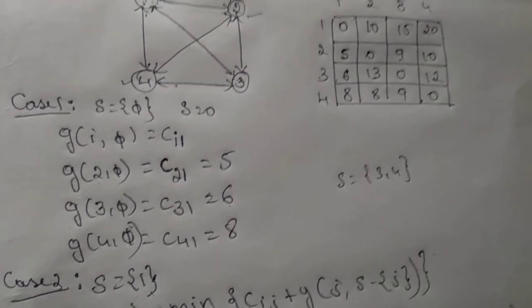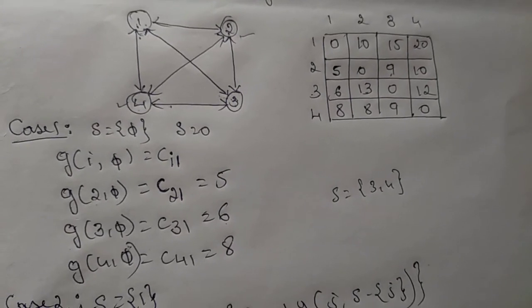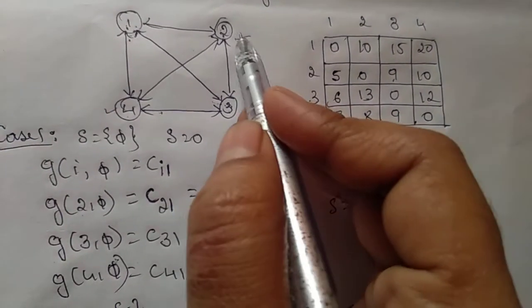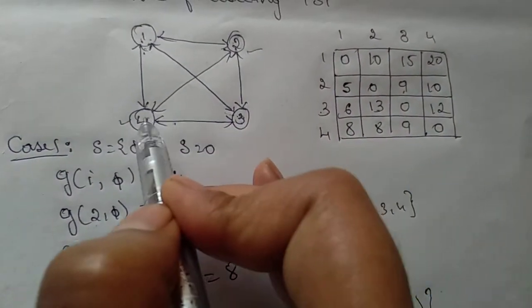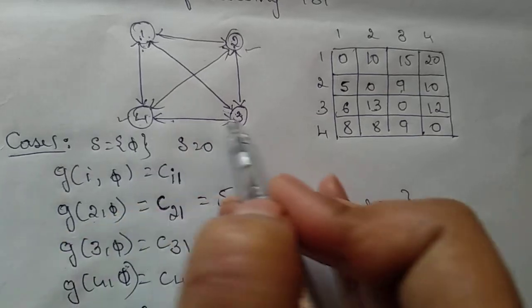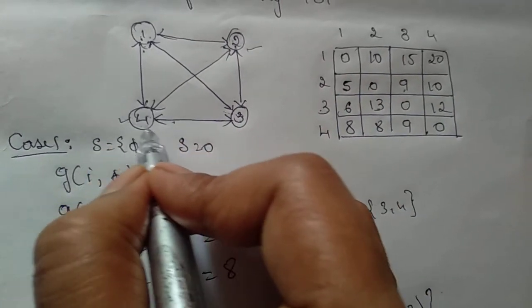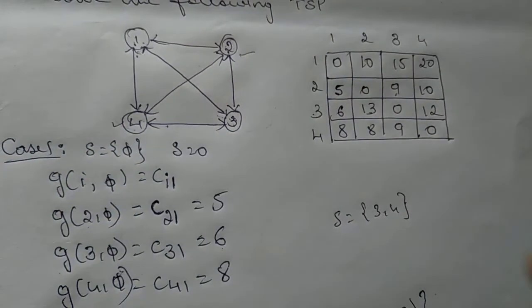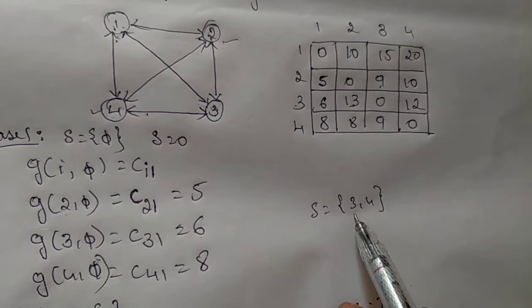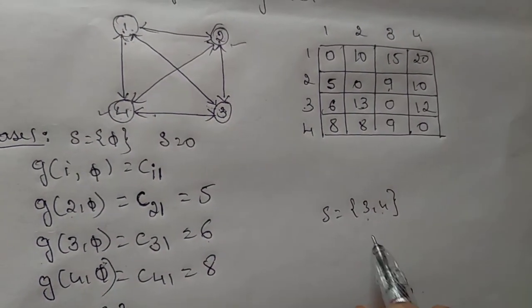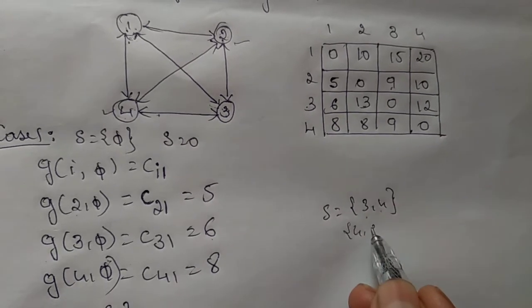Now you have to consider s is equal to 2. S is equal to 2 means you have to consider from 2 either it can go to 3 to 4 or 4 to 3. Means you have to consider these two vertices together, like s is equal to 3 comma 4 or s is equal to 4 comma 3.